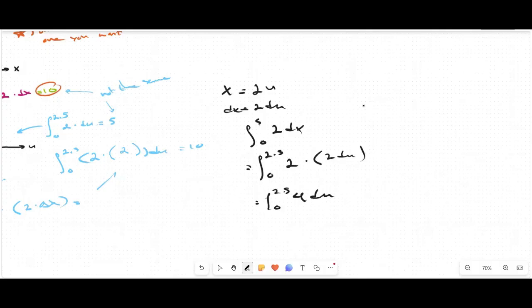What is that right there? That's just u substitution.